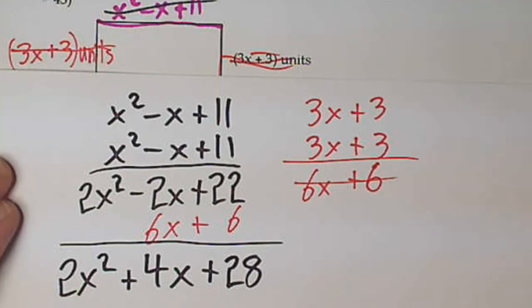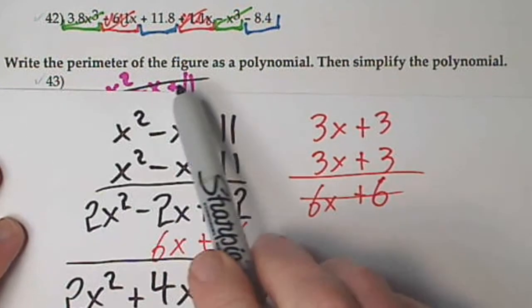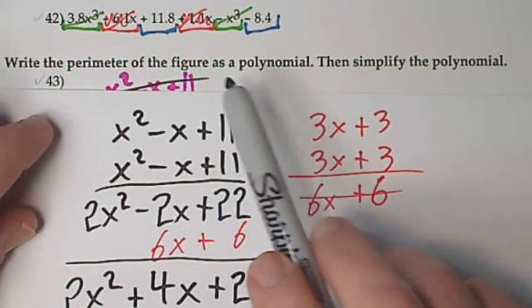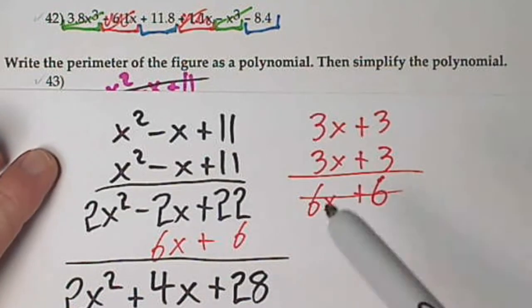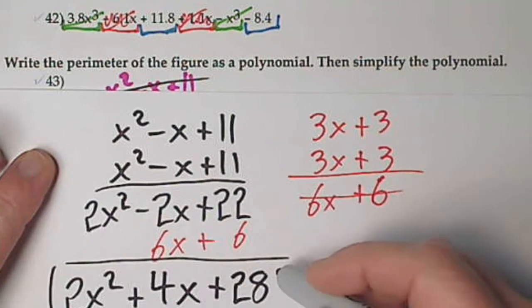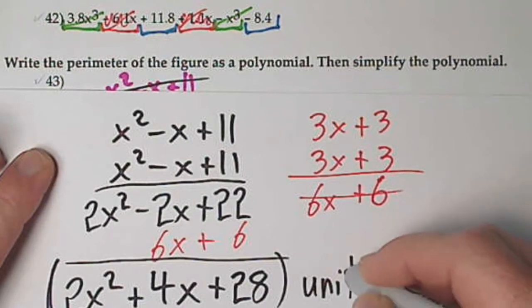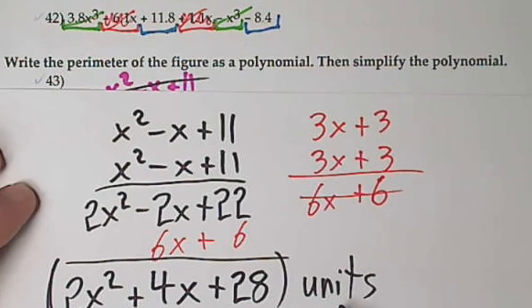So we represented the perimeter of the figure as a polynomial. So I should maybe put this in parentheses with the word units. Usually it would be feet or meters or something, but they're just saying units. So this is the answer.